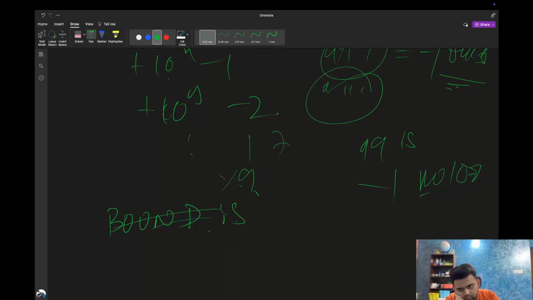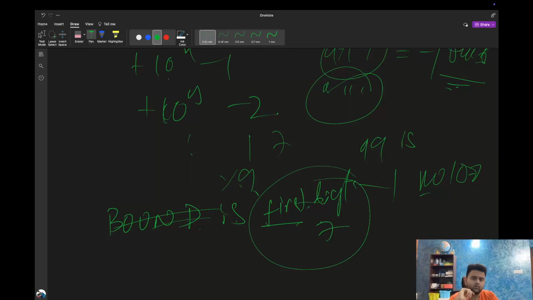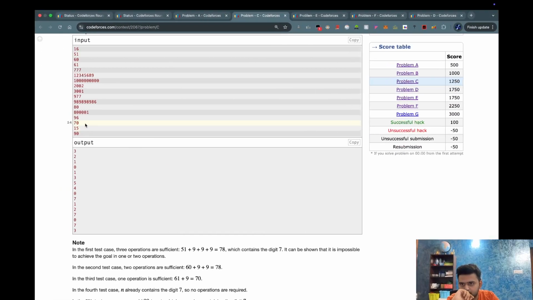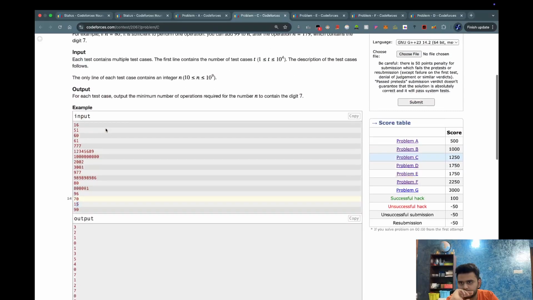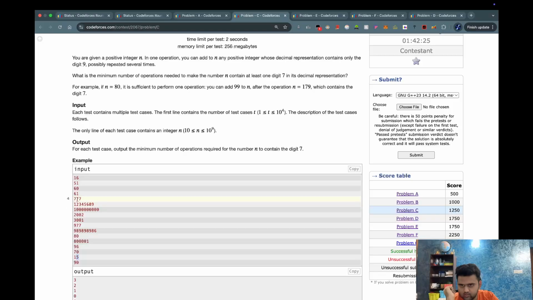So I can bound this first digit, minus 7 plus 10 mod 7. So 5 minus 2, 5 minus 7 is minus 2, minus 2 plus 10 is 7. That's the worst case. N is less than 29.